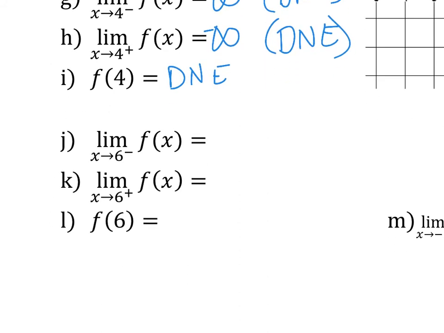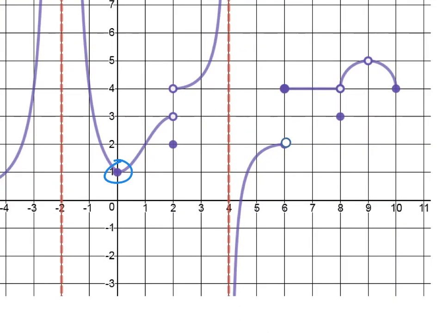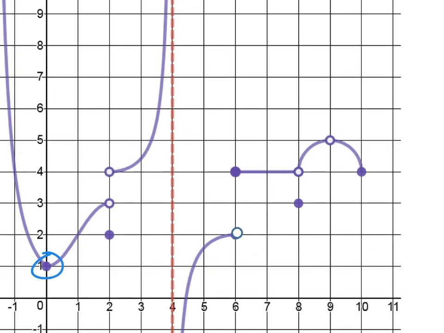What about 6 from the right and the left? Okay, well, 6 from the left, we're going to a height of 2. From the right, we're at a height of 4. As x goes to 6, it's 2 from one way, 4 from the other.